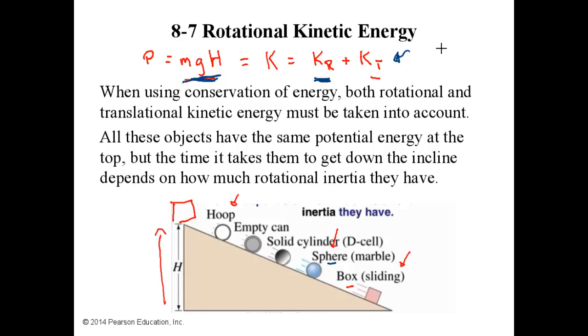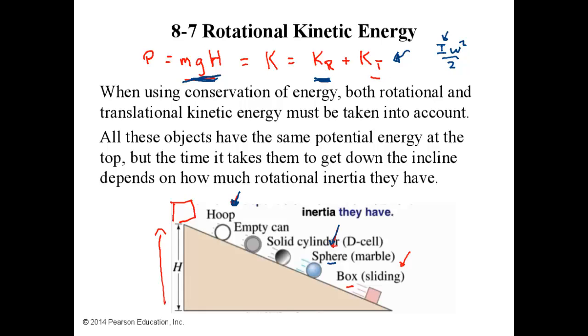Obviously, the rotational energy is going to be I omega squared divided by 2, so this rotational inertia is going to determine how much energy the rotation is going to suck away from the translational velocity. So a hoop, where all the mass is distributed on the outside, at the radius r away from the center, is going to have a much larger rotational inertia than the sphere.